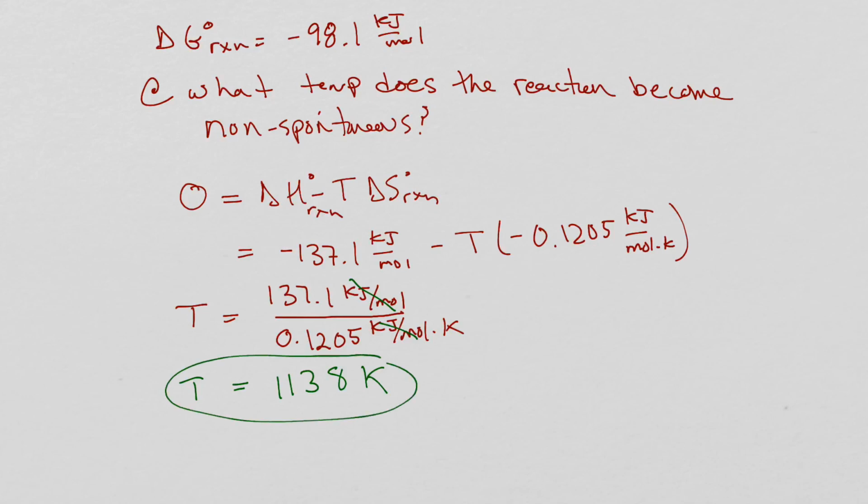So let's think about this for a second. Remember that this reaction had a negative delta H and a negative delta S. So if we remember back to our chart that allowed us to estimate what conditions the spontaneity would be, if they are both negative, what does that tell me about the conditions of spontaneity?